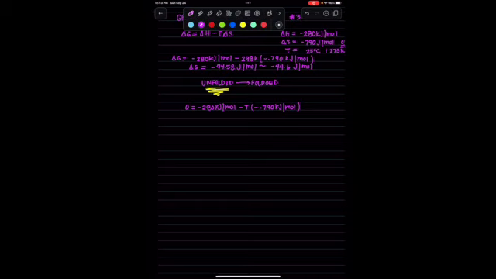So, work this problem out. We add 280 to both sides. We get 280 equals negative T times negative 0.79 kilojoules per mole. And we're going to divide by negative 0.79 kilojoules per mole on both sides.